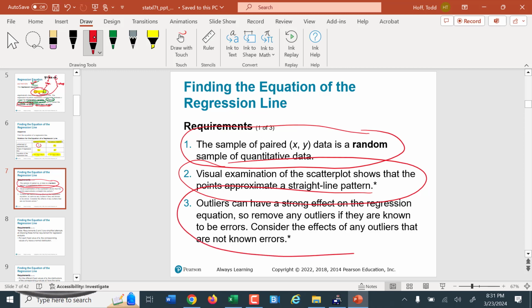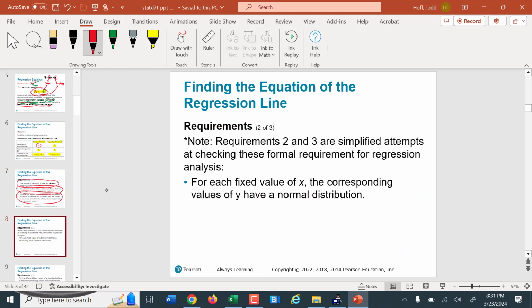And because outliers have a strong effect, there can be no outliers. If there are any points that are far away from the other points or that seem to break the pattern of the other points, we need to double check those to make sure that they're not mistakes. And again, note that these are sample data, so taking a different sample might get us slightly different numbers.